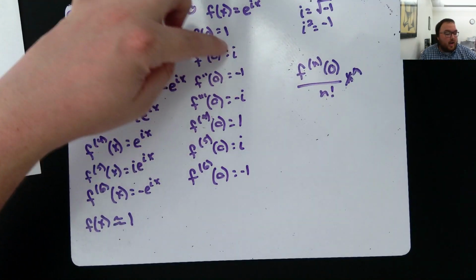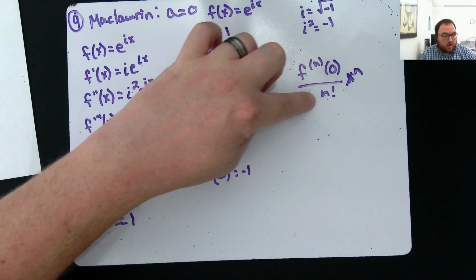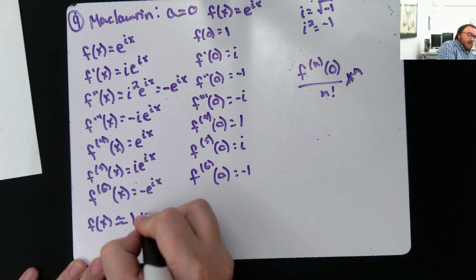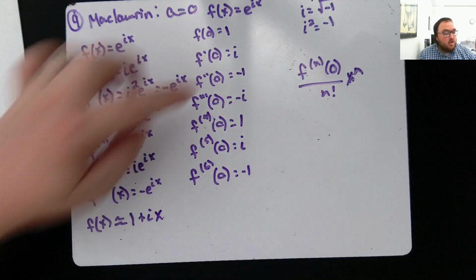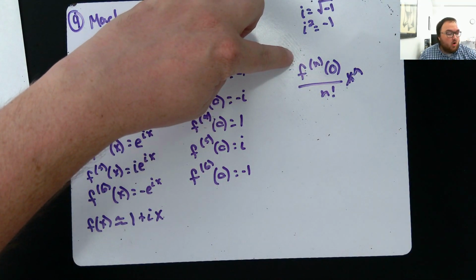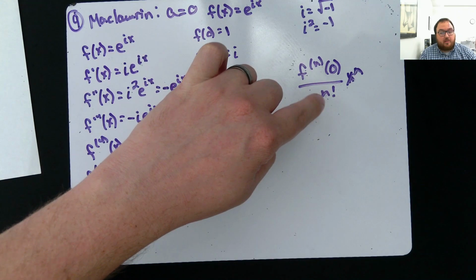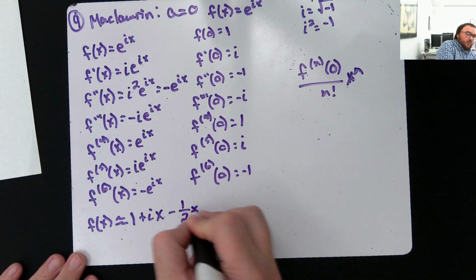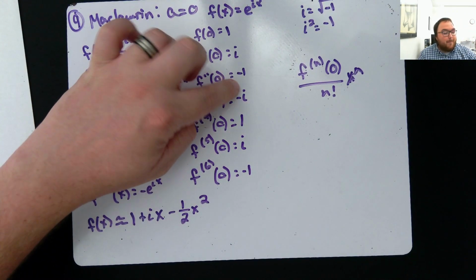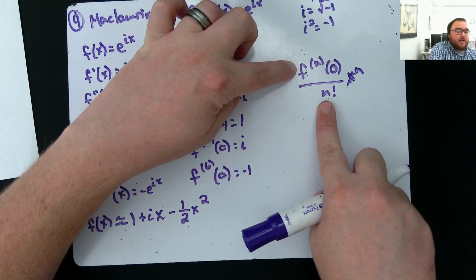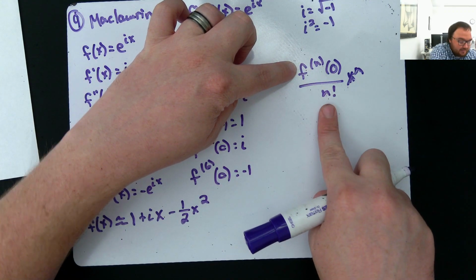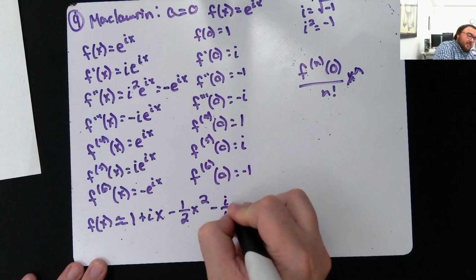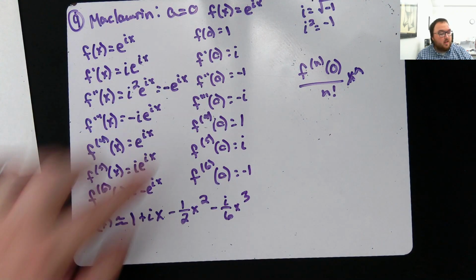So for n equals 1, I would get i over 1, so that's just i, x to the first, so plus ix, minus 1 over 2, x squared, since 2 times 1 is 2, minus i over 3 times 2 times 1 is 6, right? So minus i over 6, x to the third.